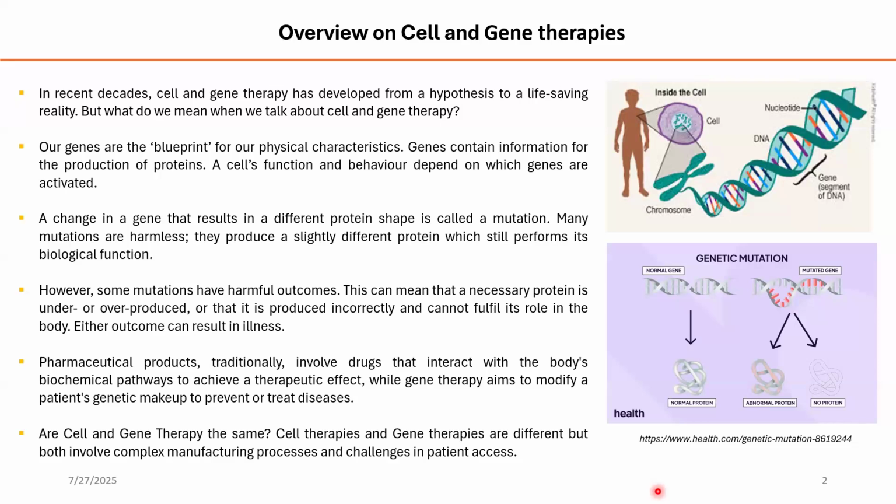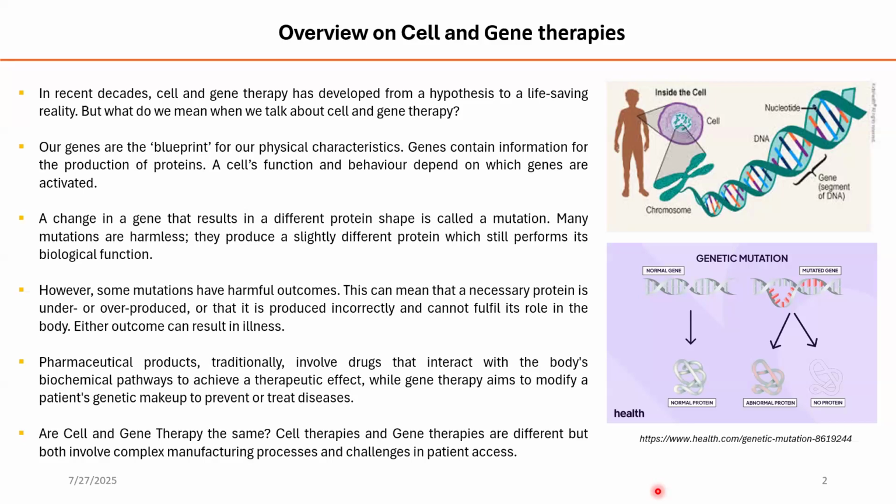Normally when a mutation occurs, it results in a disease condition. There are certain diseases which have symptoms, and based on these symptoms, they go for gene or cell therapy, depending on what kind of mutation has occurred. Okay, madam. Thank you.